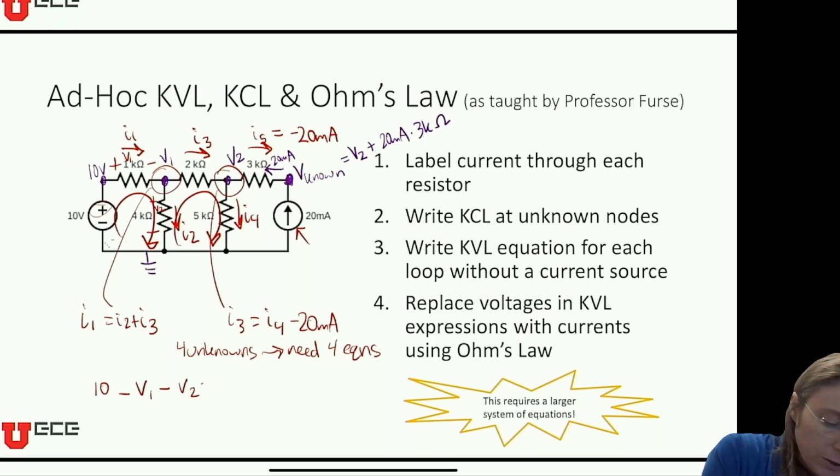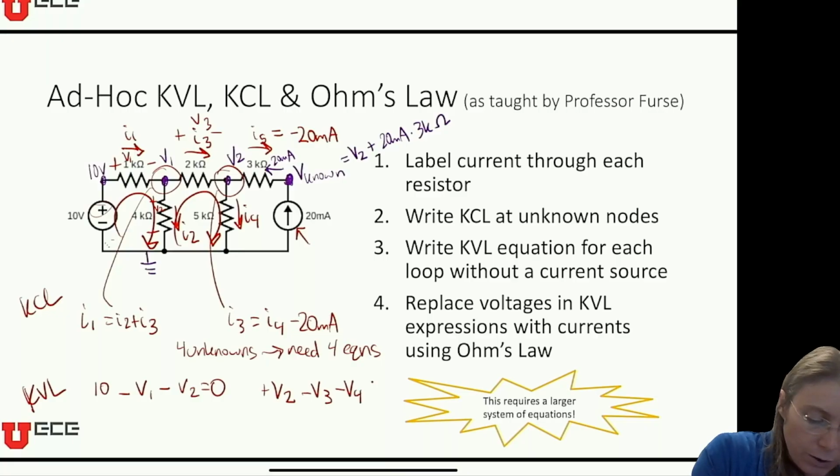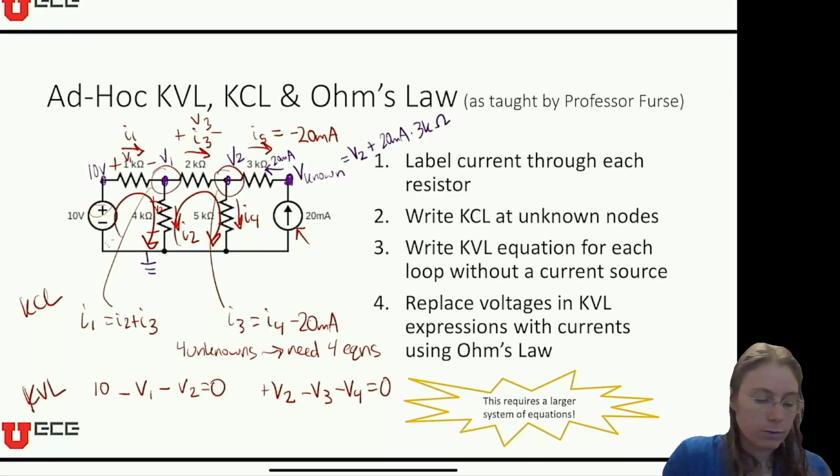So minus V2 better be equal to 0 by KVL. So these ones were KCL. These ones were KVL. And then over here, for the second loop, I have plus V2 minus V3 minus V4 equals 0.